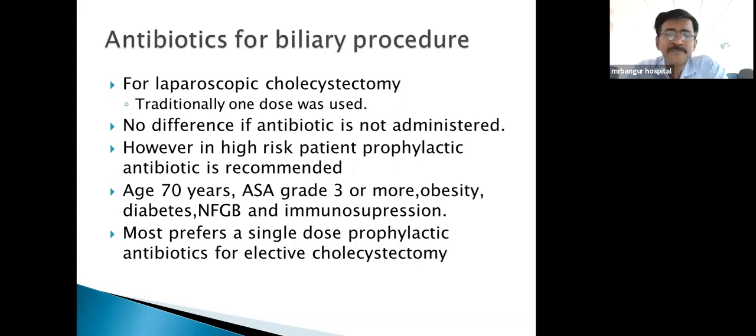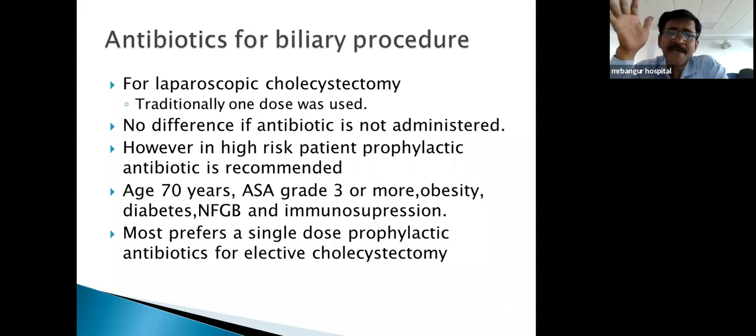So if you go into each of these abdominal conditions, you can find out the indications, timing, and the different drugs used for abdominal surgery. So what are the antibiotics for biliary procedures? For a routine laparoscopic cholecystectomy for gallstone disease, traditionally 1 dose was used.